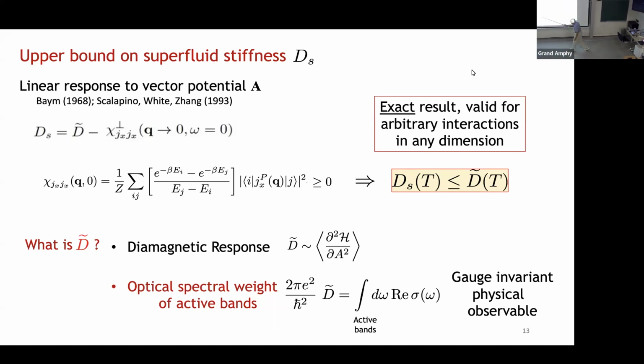If you look at the optical spectral weight of just the active bands, the integral over the range of frequencies of the active bands of the real part of sigma(omega), that is D tilde. So D tilde is a gauge invariant physical observable that upper bounds it.